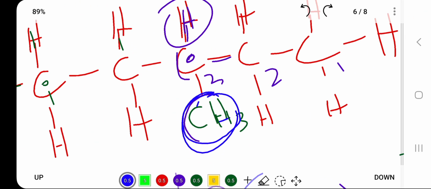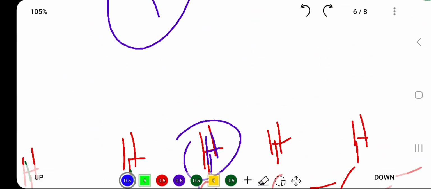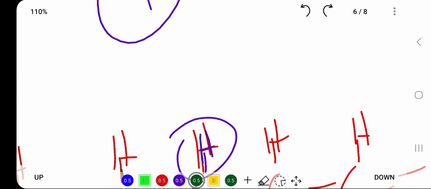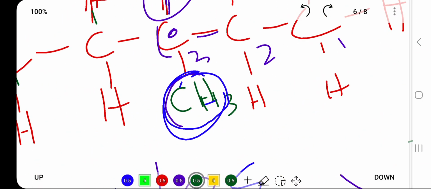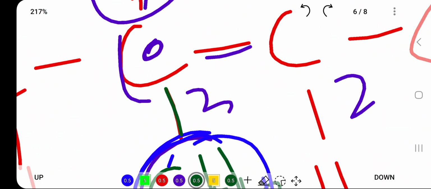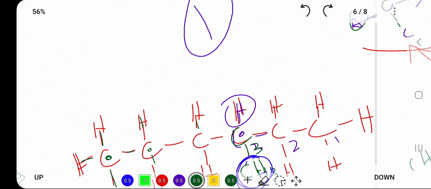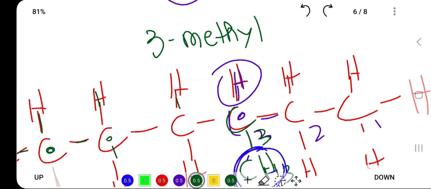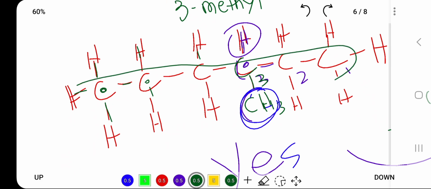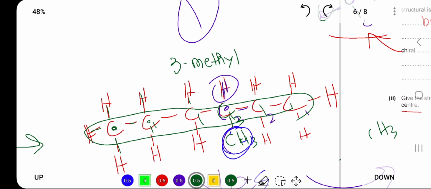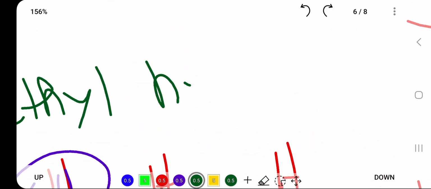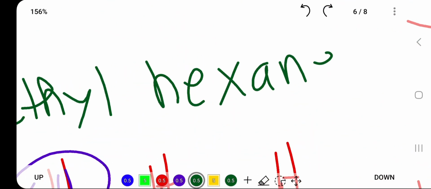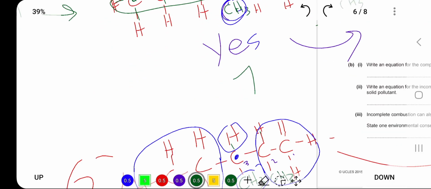A CH3 as a branch is called methyl. Learn it. Now where is this methyl? Which carbon is it connected to? It's connected to the third carbon. So 3-methyl, and then you put the rest of the chain. 1, 2, 3, 4, 5, 6. So 6, which is hexane. You named it. Great, good job.